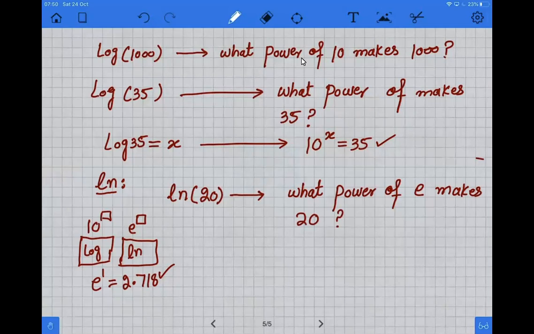For example, if you write natural log of 20 gives an answer of x, it means that e power x returns 20. So this is the concept here. So basically natural log states that if you take natural log of a number, it states that what power of e will return that number.